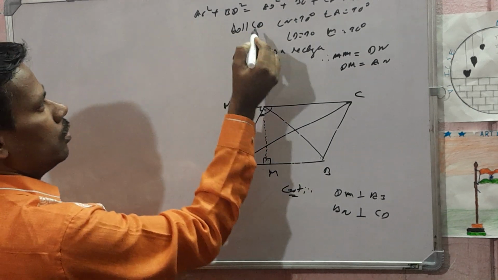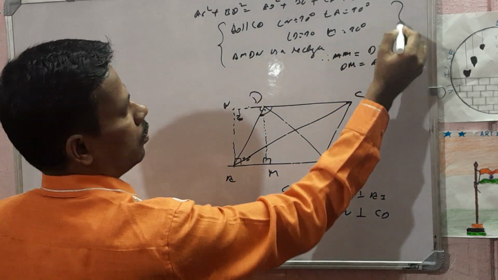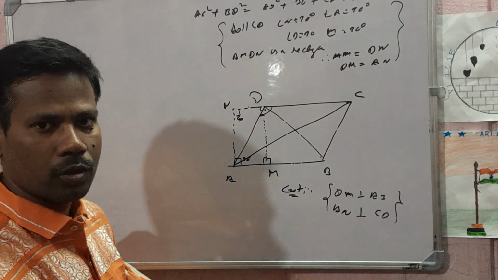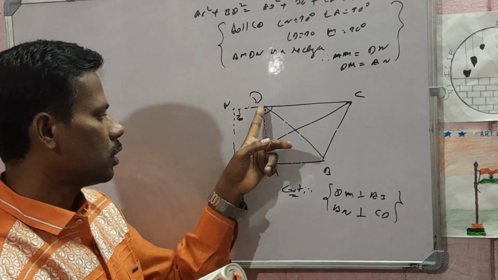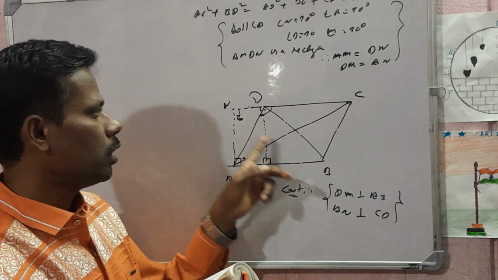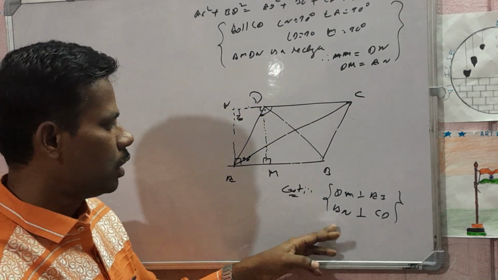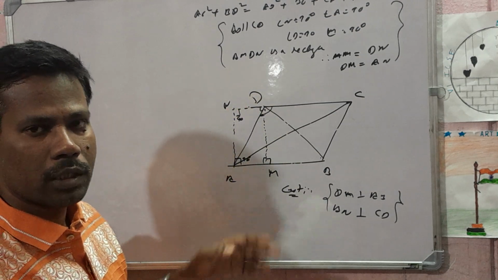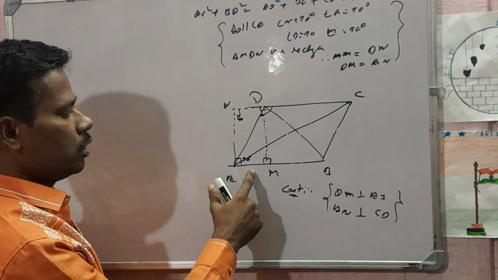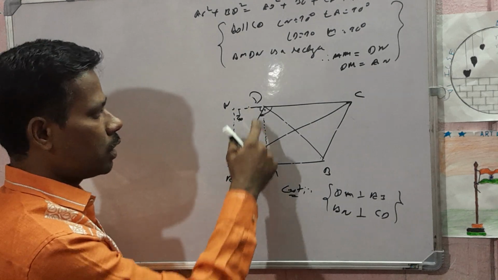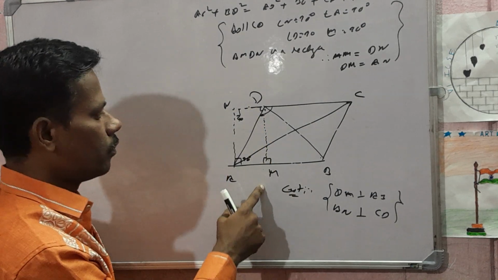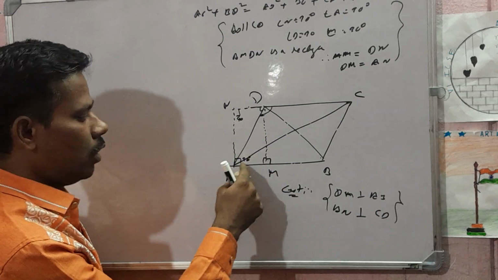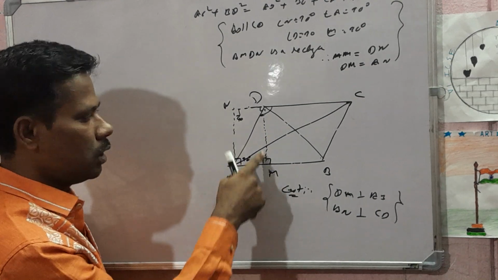So these things you write. This is very important. Before doing the problem, you should write all these steps. Construction: draw DM perpendicular to AB, draw CN perpendicular to this one. Therefore, AMDN is a rectangle. Why is it a rectangle? This side is parallel to this side, and this side is parallel to this side, and also each angle is 90 degrees.